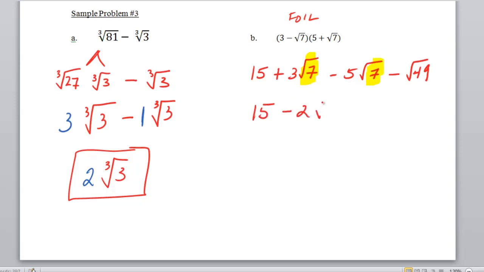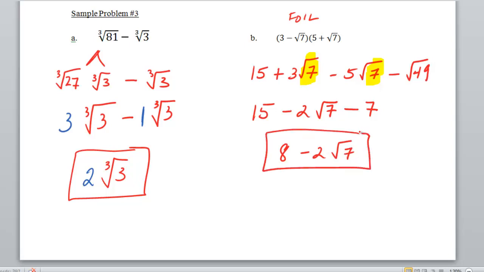So that'll be 2 square roots of 7, and then minus, and then the square root of 49 is simply 7. And then we can't forget that 15 and 7 are considered like terms as well. So we have 8 minus 2 times the square root of 7. And that'll be our final answer for that problem.